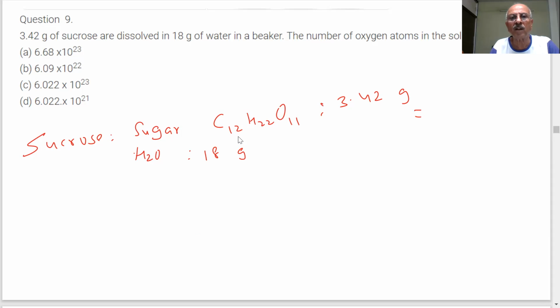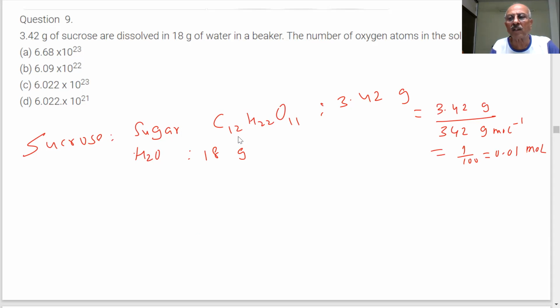How many moles are there? What is the molecular mass of sucrose? 342. How much does it come to? 1/100, 0.01 mole.